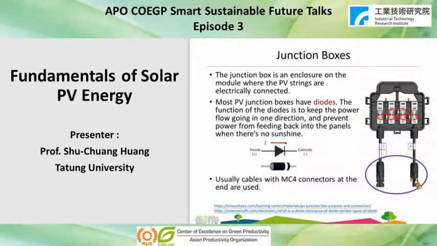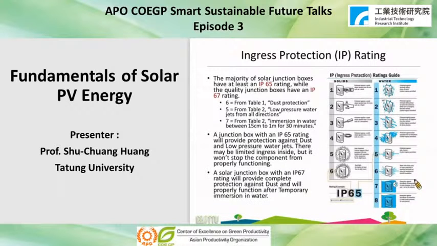Usually cables with MC4 connectors are at the end of the box. And the junction boxes have at least an IP65 rating or even an IP67 rating.